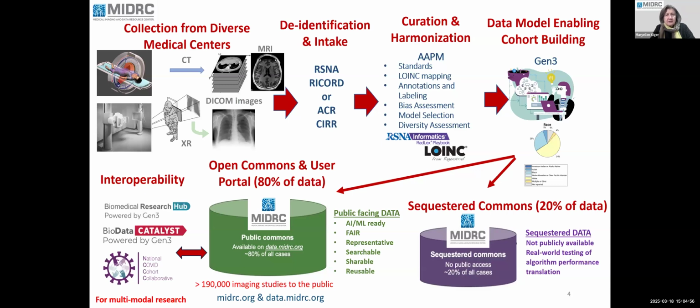Once they're de-identified during intake, they undergo curation and harmonization, and this is according to the MIDRC data model to enable cohort building. 80% of our data is open to the public, and another 20% is sequestered, and this is done using stratified sampling. One of the things you will be seeing as you go through these tools is these tools were developed to enable MIDRC, but now they have been generalized so that you as researchers can use them.